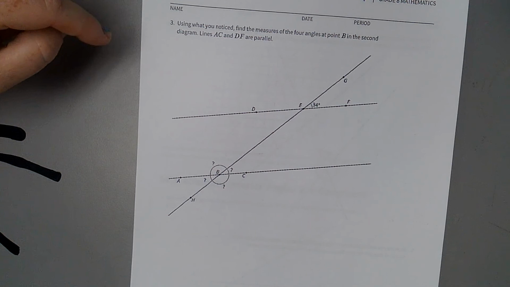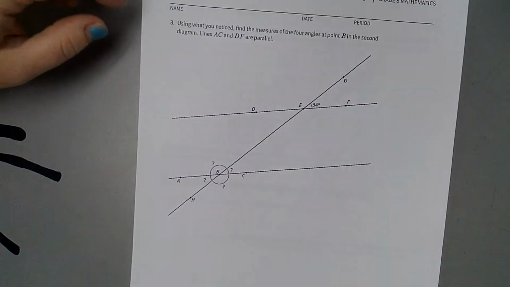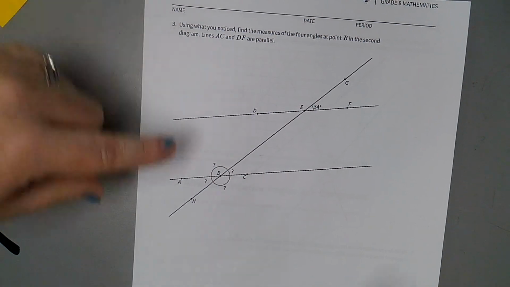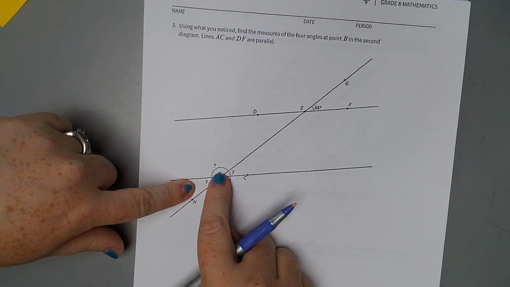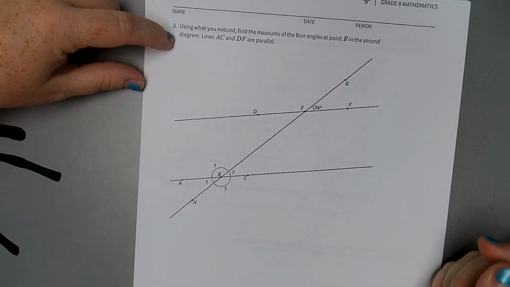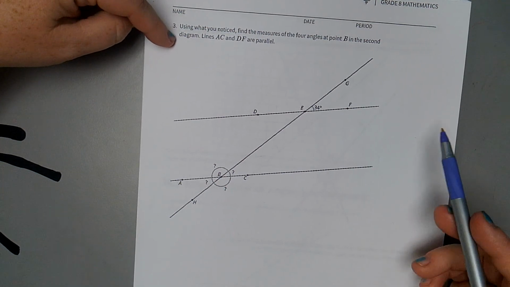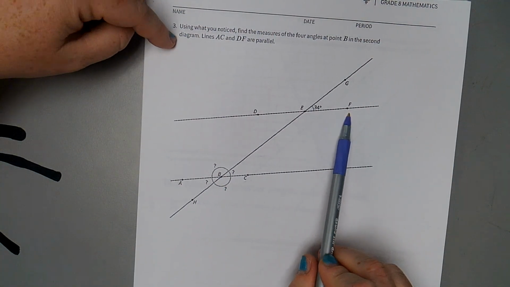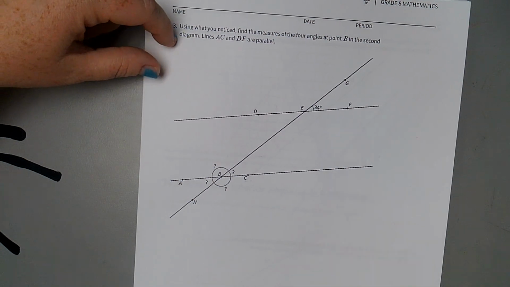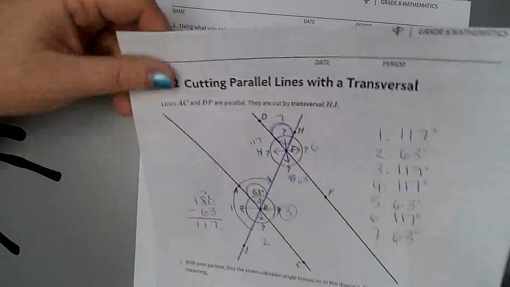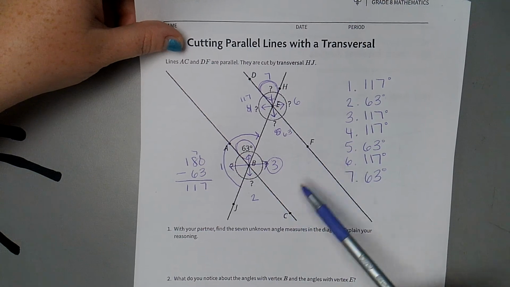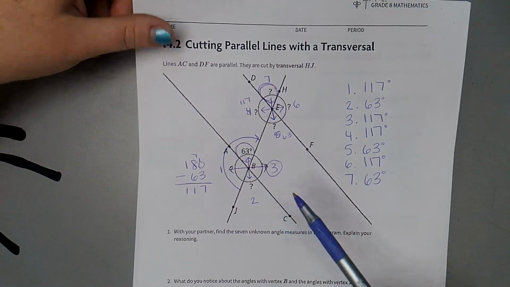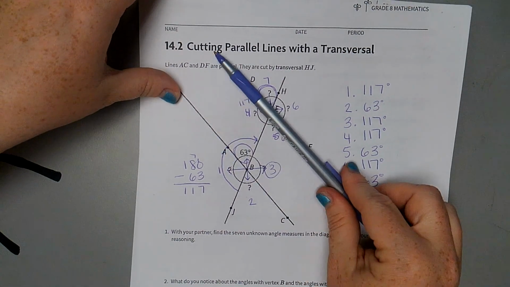Using what you noticed in this one, find the measures of the 4 angles around point B in the second diagram. Lines AC and DF are parallel. So in order for all of this to be true, these 2 lines have to be parallel, because that makes their angle measures the same, because they're running along the same planes.